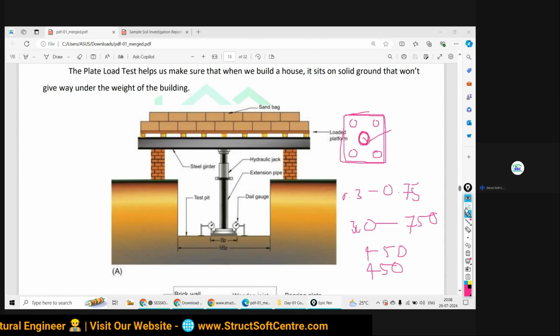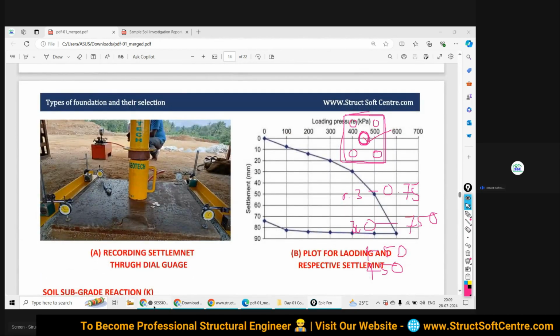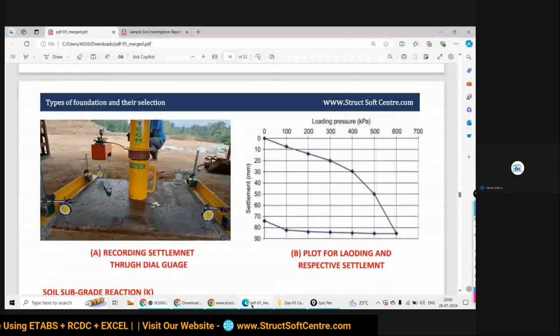I can show you here, the real setup. Is it visible? Let's see, check it.